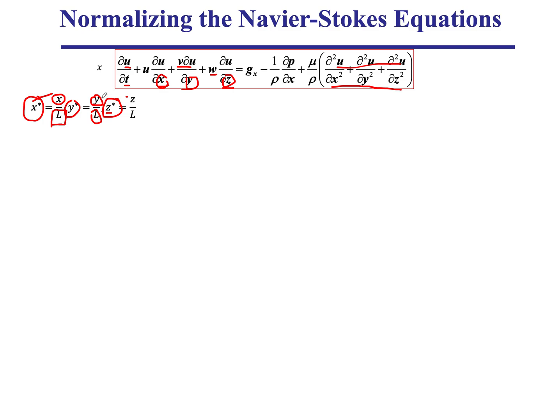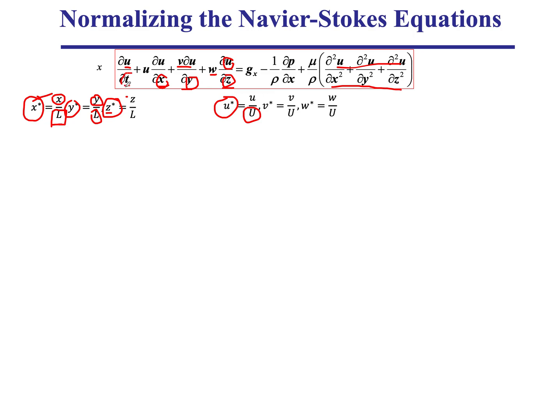And let's do the same thing with the velocities u, v, and w. So I will define a unitless velocity u star, v star, w star, which is just my velocity u divided by my velocity scale. And we do this for all of them. For the U, V, and W, I get U star, V star, and W star.